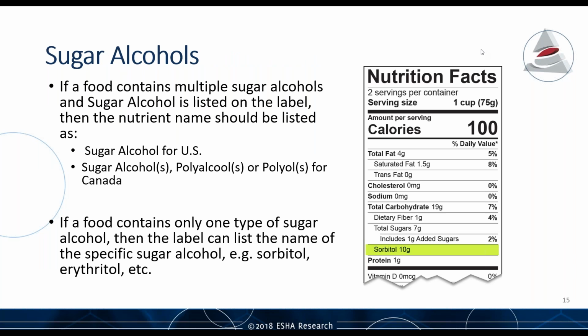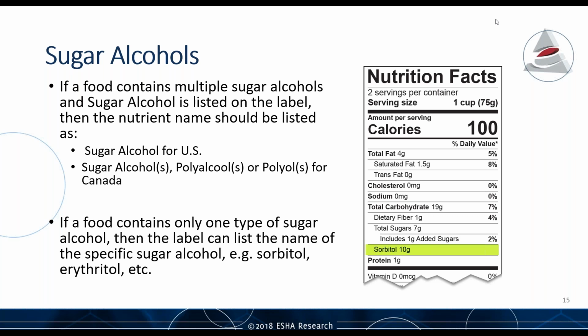And sugar alcohols: now with Genesis 11.5, you can list the specific sugar alcohol on your nutrition facts label. For US and Canadian labeling, if you have only one type of sugar alcohol present in your formula and the amount is declared on the nutrition label, then you can choose to list the specific sugar alcohol.